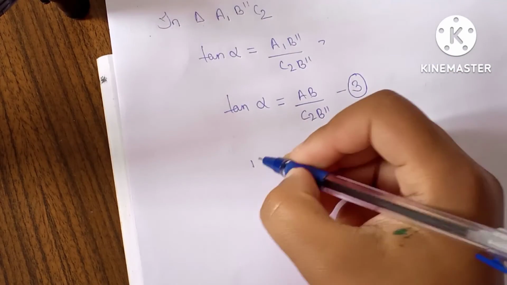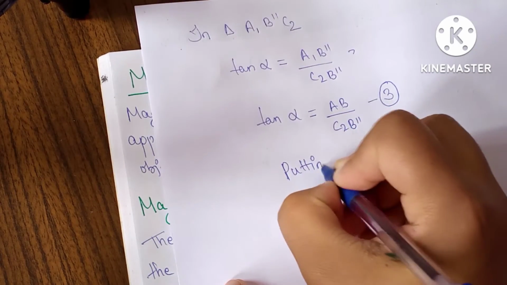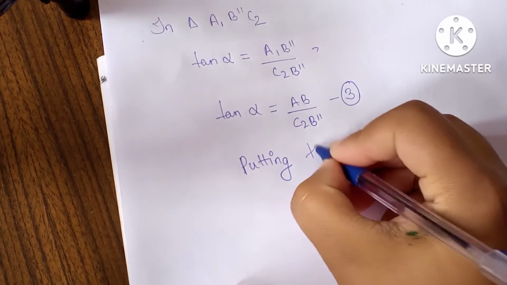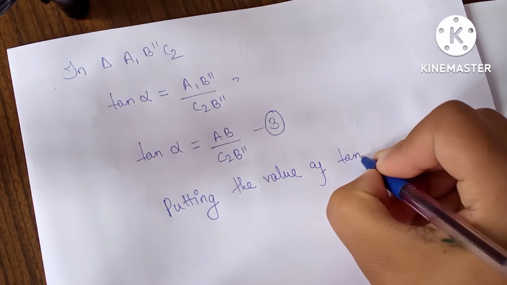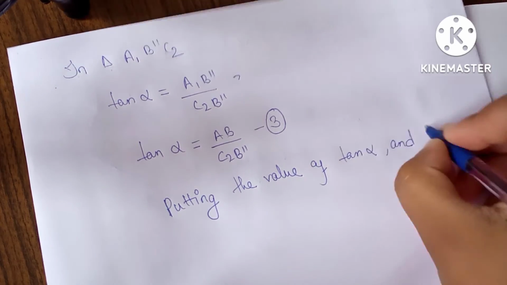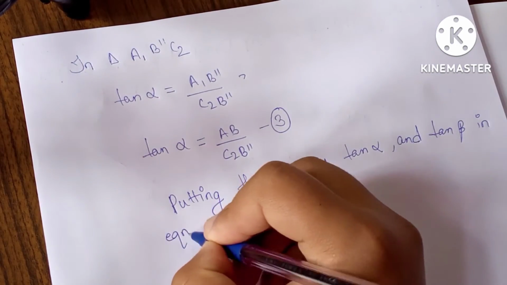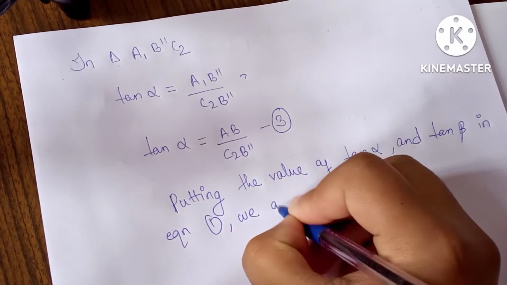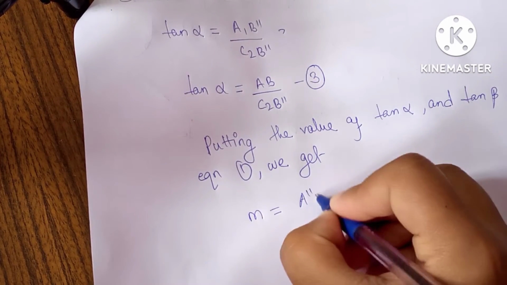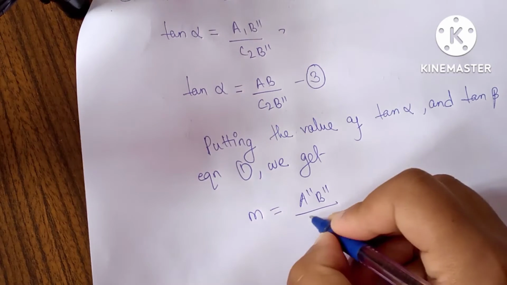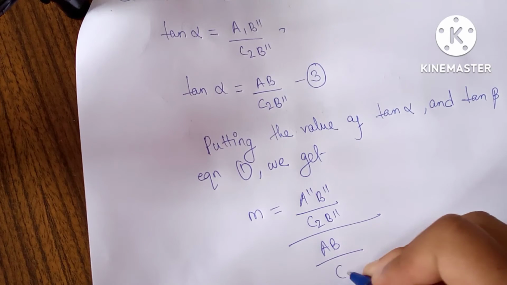Now putting the values of tan alpha and tan beta in equation 1, we get magnification equals A double dash B double dash divided by C2 B double dash, whole divided by AB divided by C2 B double dash.